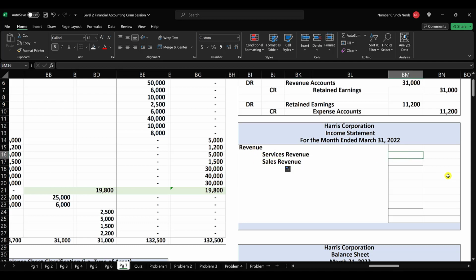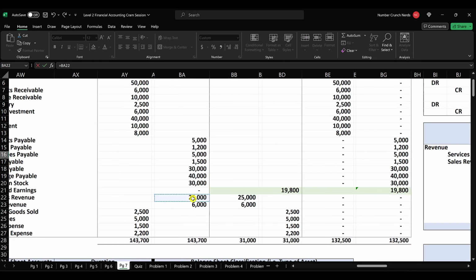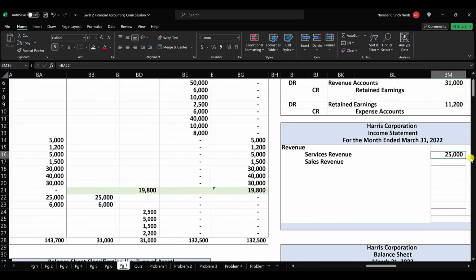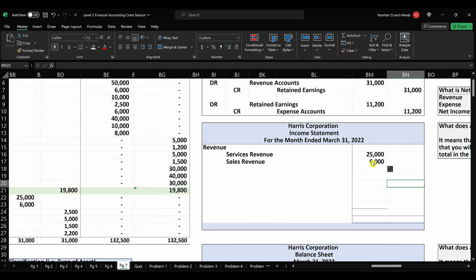So I'm going to go grab those amounts right over here from the trial balance. 25,000 was the first one, and 6,000 was the second one. Okay, and then I'm just going to put a line right here to show that we're doing a calculation, and then I'm going to sum these two numbers together to get a total. So that's where we're subtotaling multiple line items in the same category for purposes of the classified income statement and putting the total of those in the main income statement column.